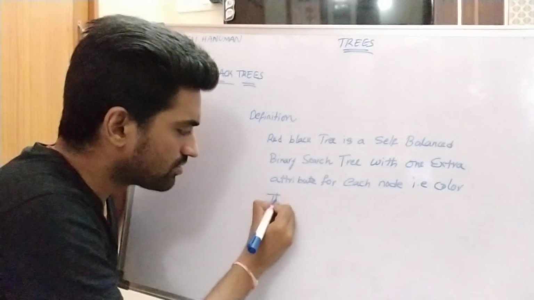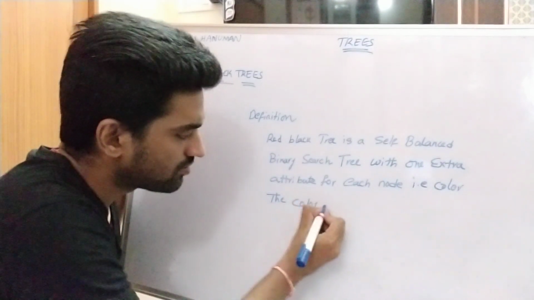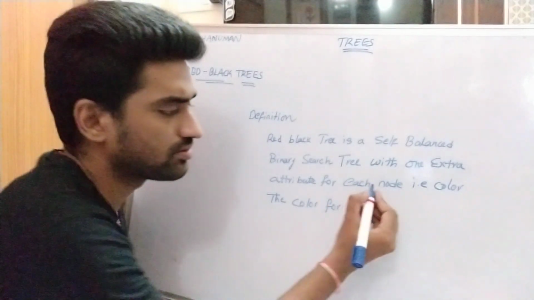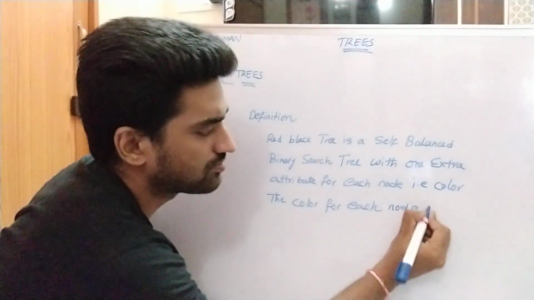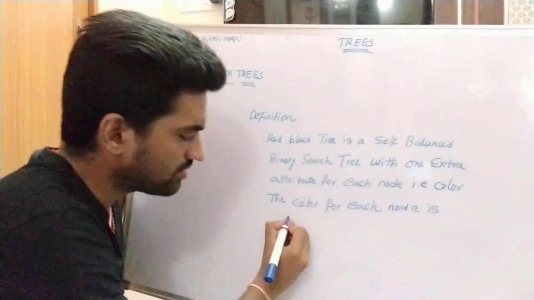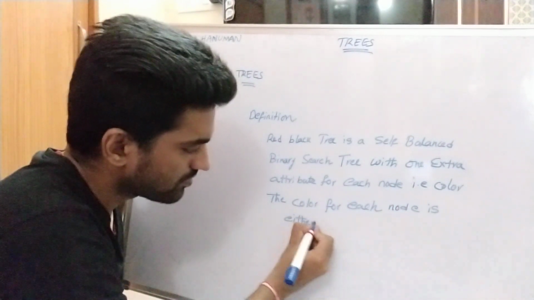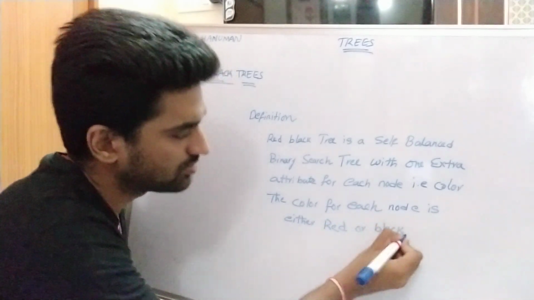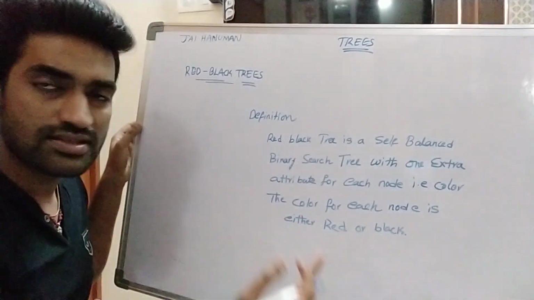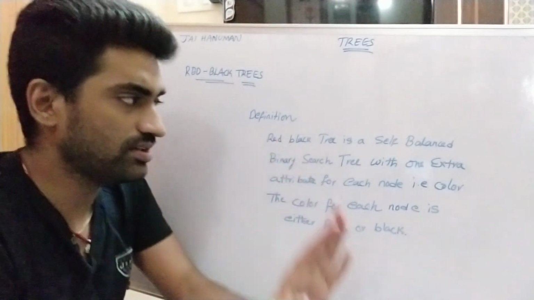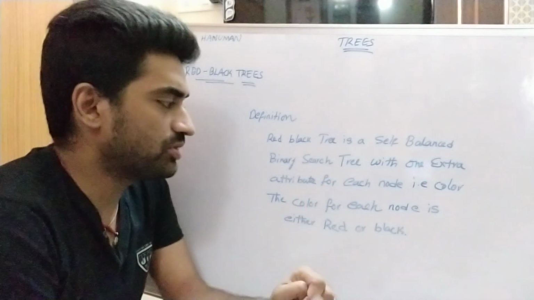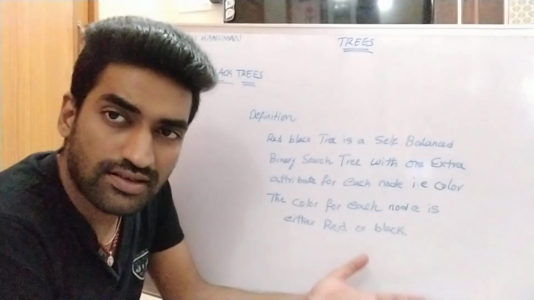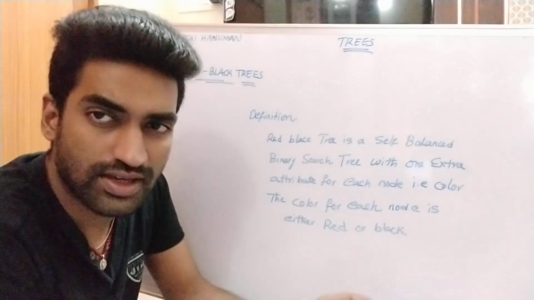The color for each node is either red or black. So this is the definition. A red-black tree is a self-balanced binary search tree with one extra attribute for each and every node. The color is either red or black for each and every node, right?